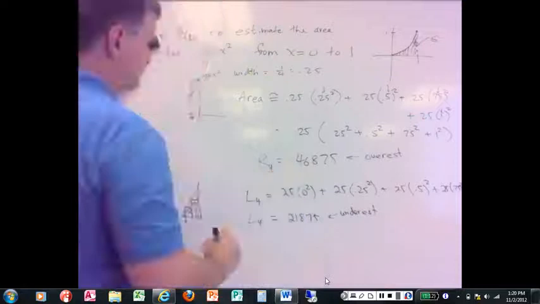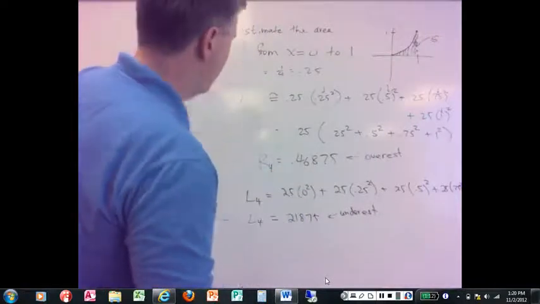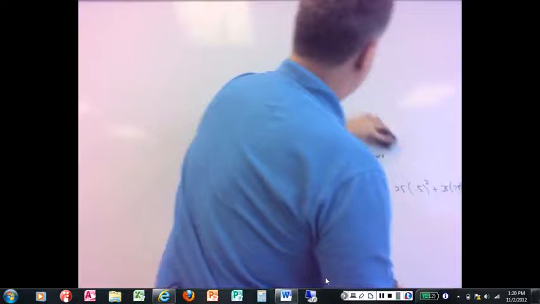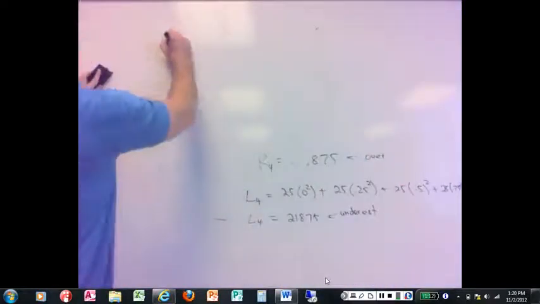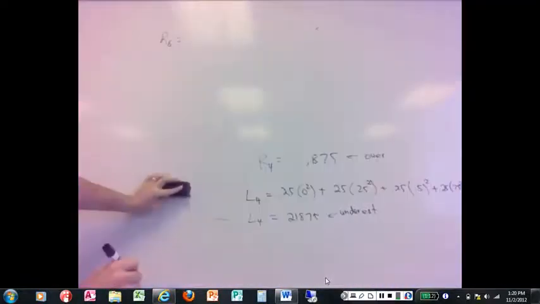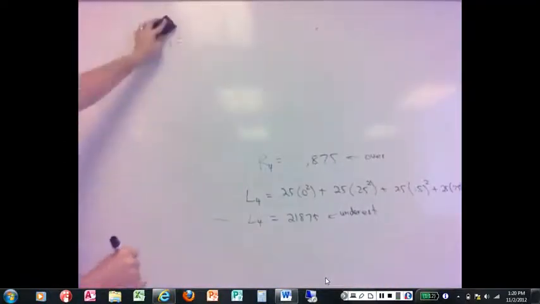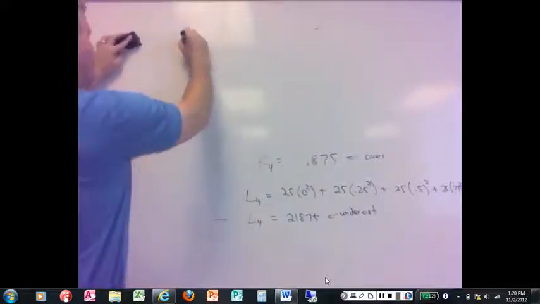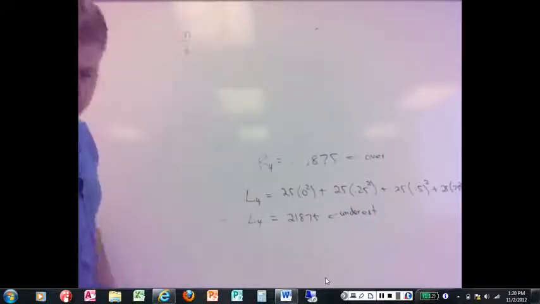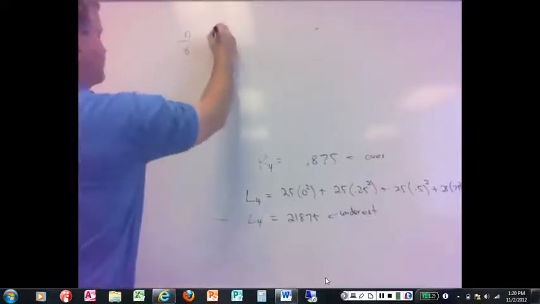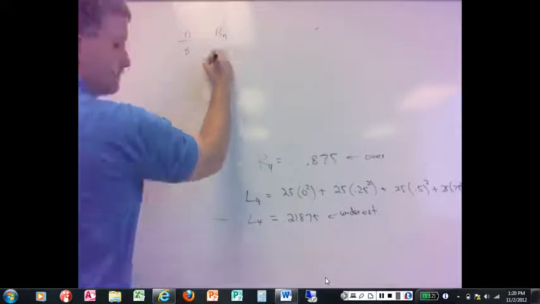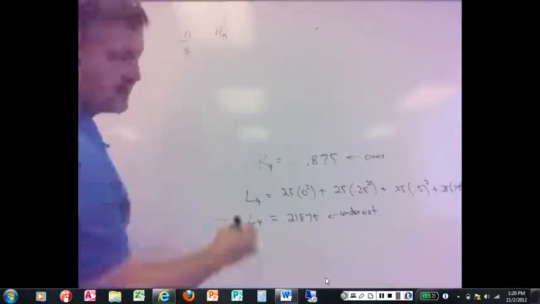Come to find out, if we did 8 rectangles, we would see that R8 is 0.3984.